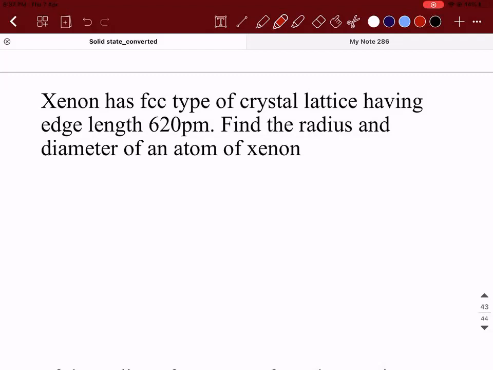This is actually a very simple problem. Directly, the answer will be, see, the length has been given. You have to just deduct the radius and diameter. Diameter is equal to 2r. Okay, just write it.